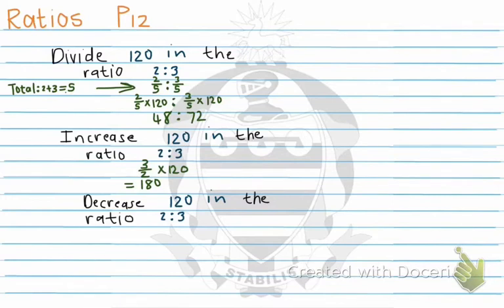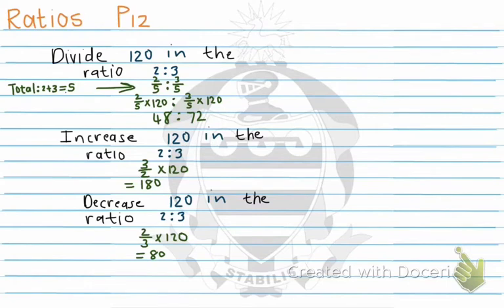Therefore, you write 2 on top. 2 out of 3 of 120, of means multiply, and that you can work out with your calculator. That will give you an answer of 80. And look, from 120, our answer did decrease until we got 80.